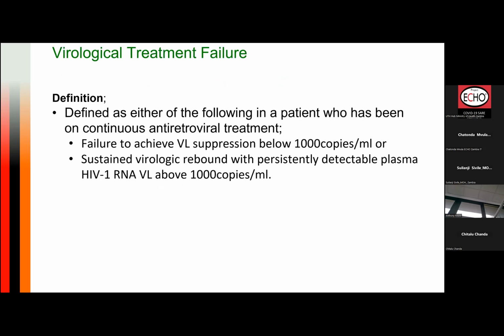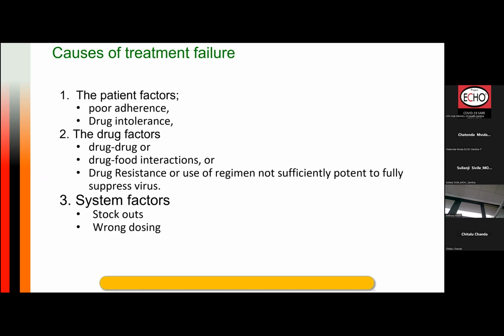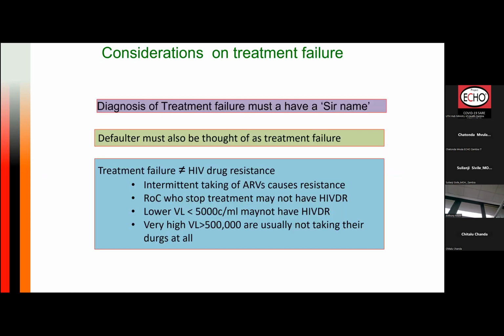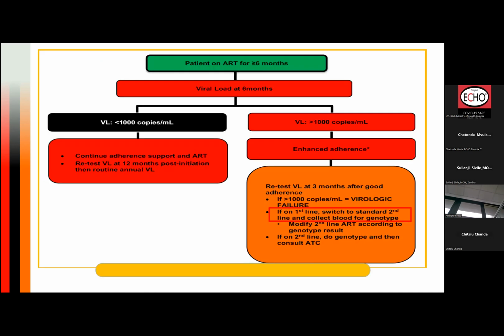We know what these are, and we know the definition for treatment failure is more than 1,000 copies. Two of them after EAC we take for HIV drug resistance testing. And we know why patients actually fail. Those who have very high viral loads usually are not taking their drugs and may not have resistance. So this is very important.